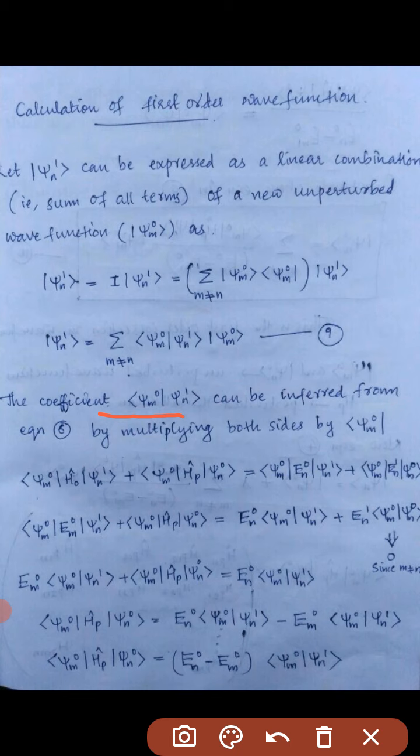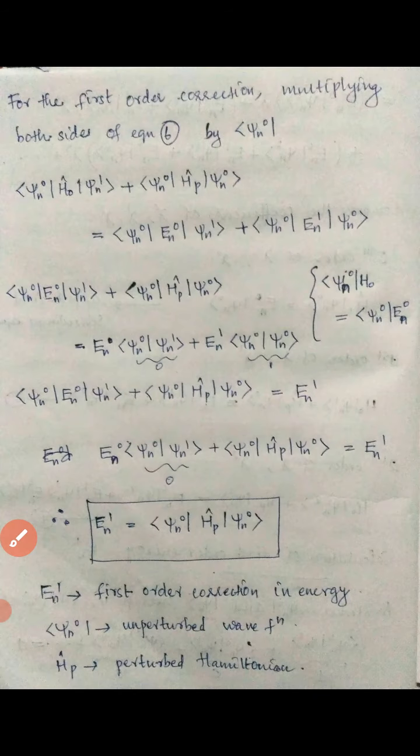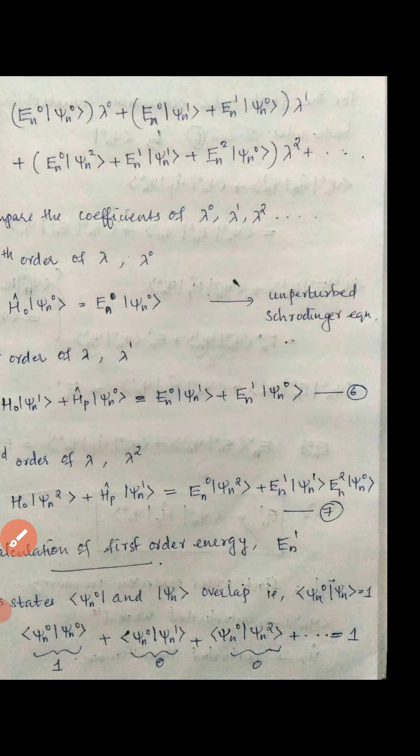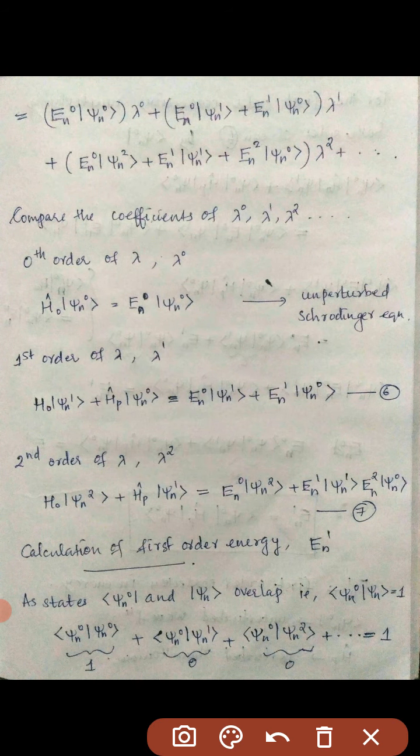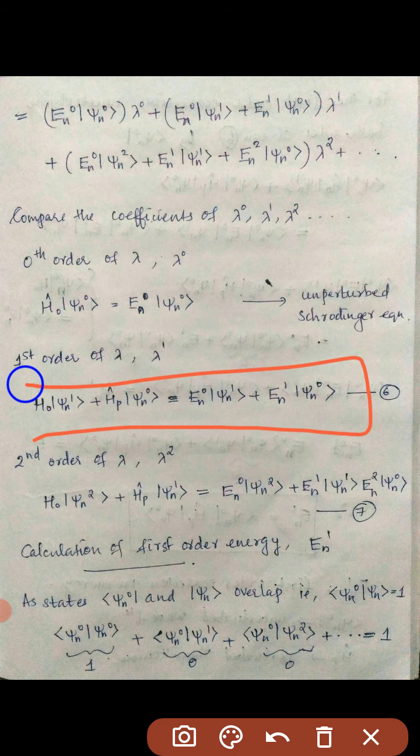Now the coefficient, the inner product bra psi m0 ket psi n1, can be inferred from equation 6 by multiplying both sides by bra psi m0. So what was equation 6? The first order equation in powers of lambda, from our equation 1.